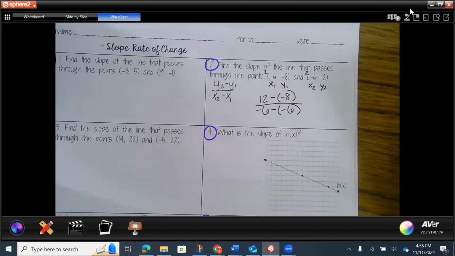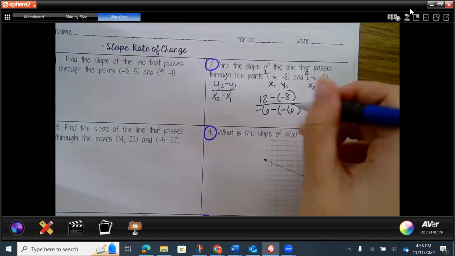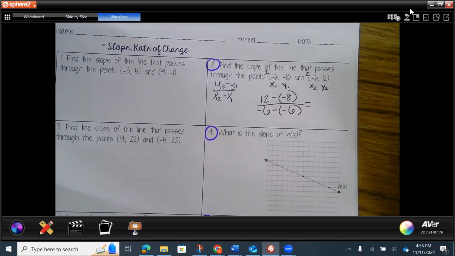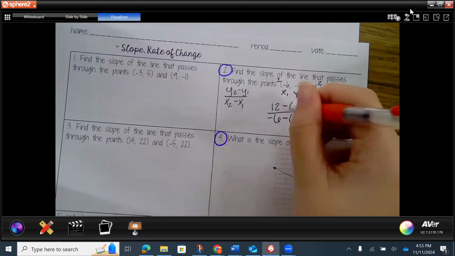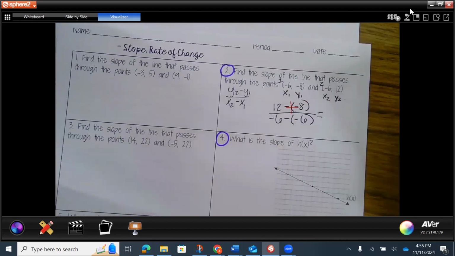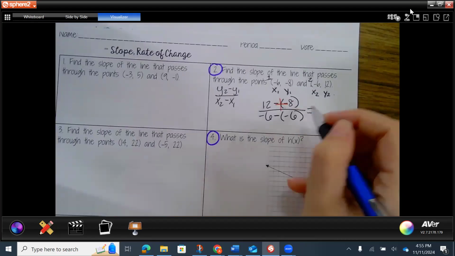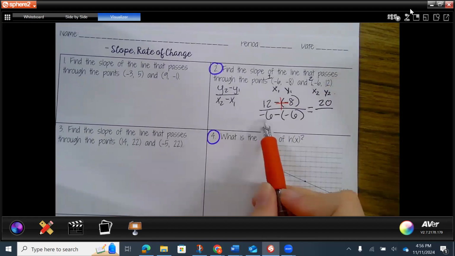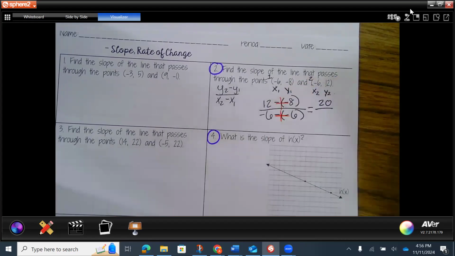Now this one is a fun, interesting one because, well, you'll see why when we get to our answer here. So 12 minus -8, minus a negative becomes plus a positive. So we have 12 plus 8, which gives me 20. And then we have -6 minus -6, minus a negative becomes plus a positive again.